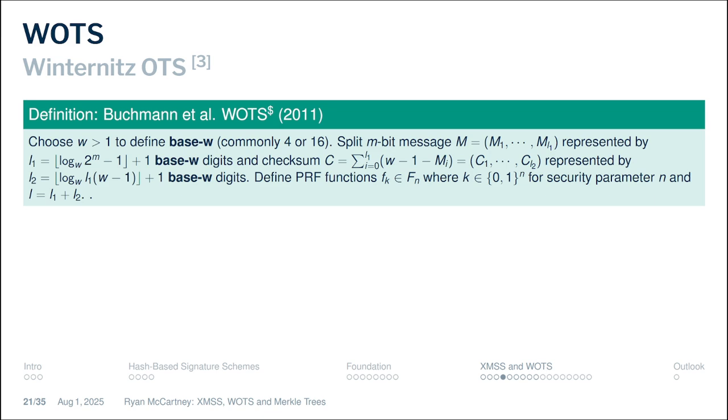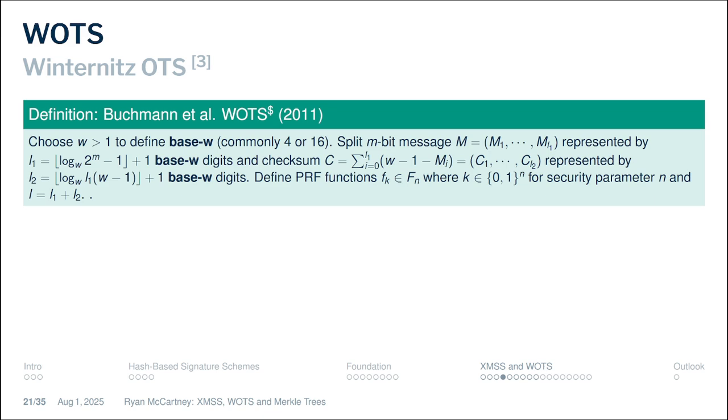In order to define the Winternitz one-time signature, we have this parameter w or omega, which is strictly greater than 1. And this is commonly 16, which means you can actually store it great on computers as just doing a hex encoding of your original message. And it's exactly what we do.